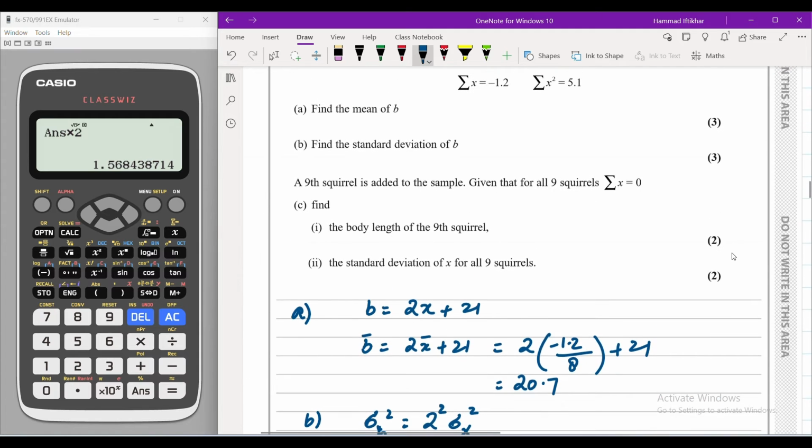Okay, all right. A ninth squirrel is added to the sample. Given that for all the 9 squirrels, sigma x is equal to 0, find the body length of the 9th squirrel. Okay, so we know that for the 8 squirrels, the sum of x is adding up to minus 1.2, right?